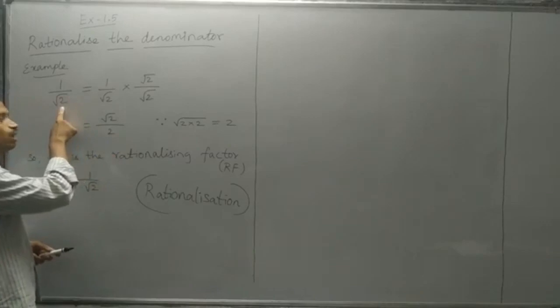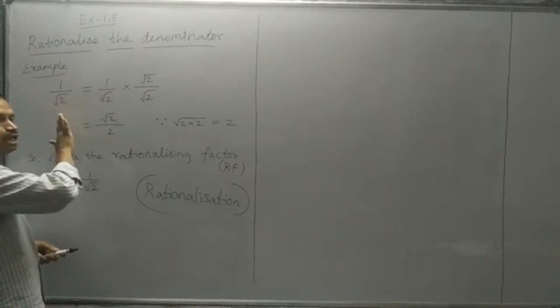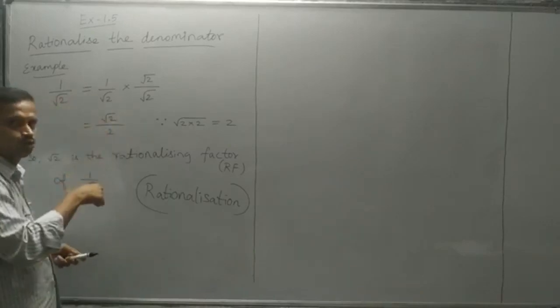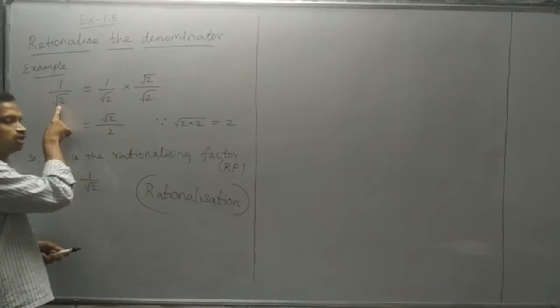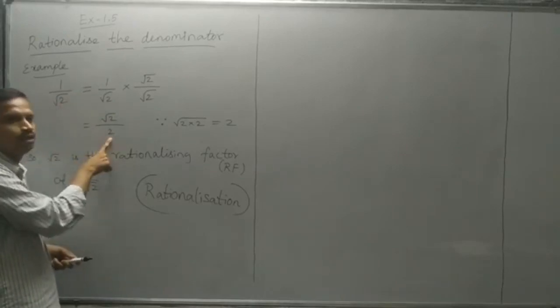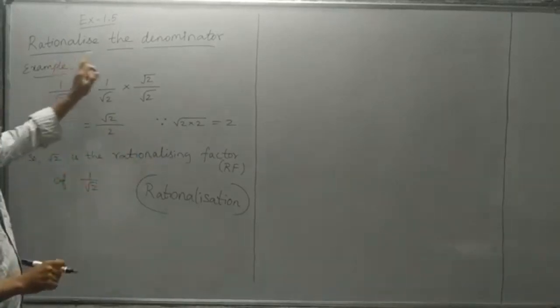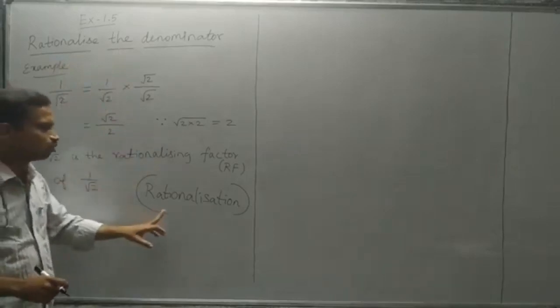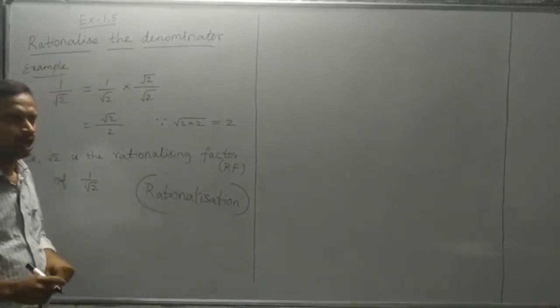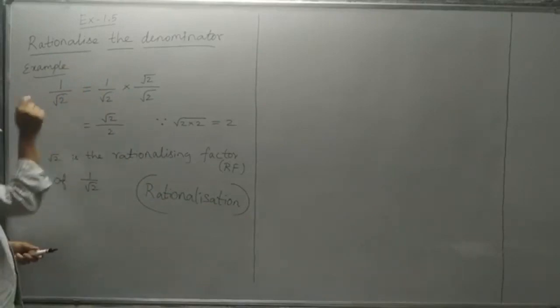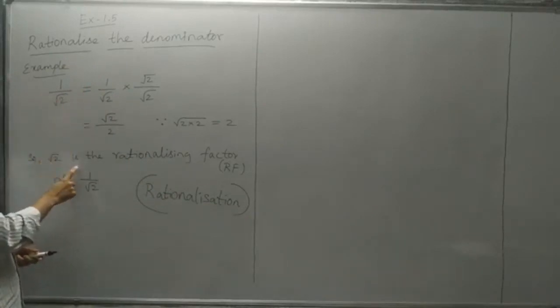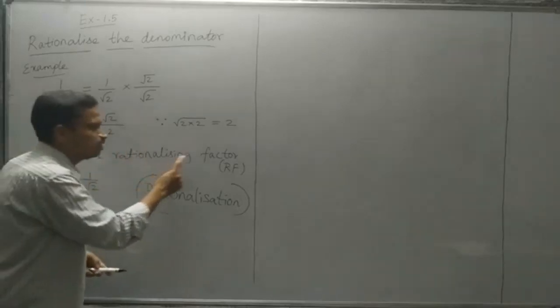So 1 by root 2 is equivalent to root 2 by 2, and now the denominator becomes rational. Irrational to rational. This is called rationalize the denominator, or simply rationalization. Now we have to note some points. In this problem, root 2 is the rationalizing factor.